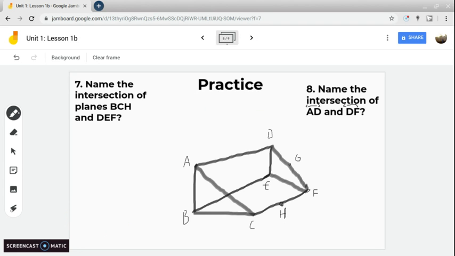Alright, going over it now. Okay, name the intersection of planes BCH and DEF. Okay. BCH. Alright, here's where it might get tricky. You might be tempted to think that plane BCH is that. You think, oh, they're like the points on a triangle. Well, that's not what those points are.